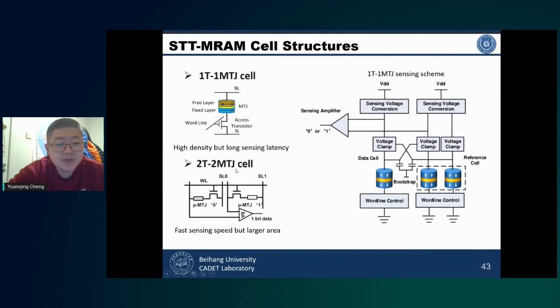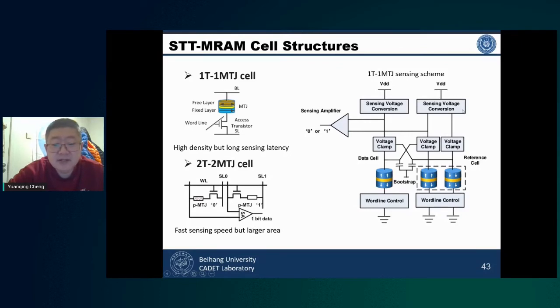And this is the 2T2MTJ cell. Obviously, this cell structure has larger area overhead compared to the 1T1MTJ. But it uses the differential sensing scheme, so the sensing margin can be doubled. We can sense the data stored in the MTJ much more quickly, and so it can achieve very high read speed.